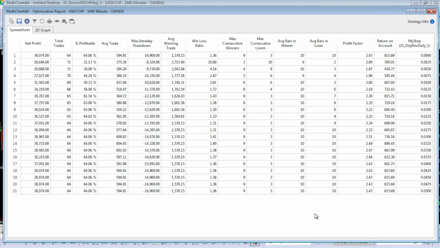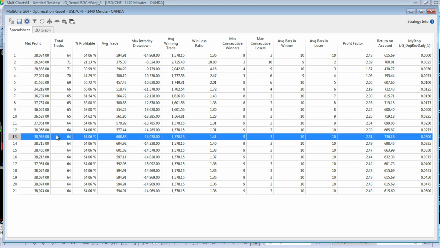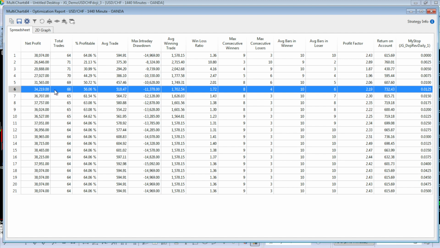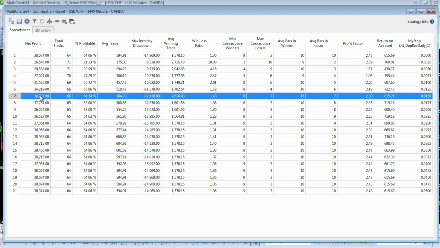So the results for the 14% body, the best is 300. I think 300 pips is the best, but anything from 125 pips, certainly 150 pips onwards, does work very well. So they're all very stable.